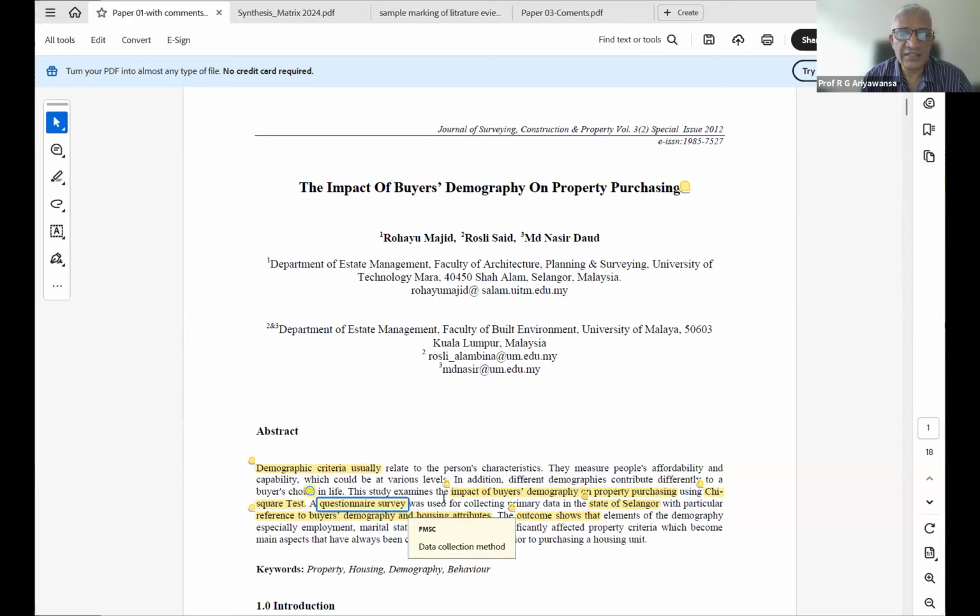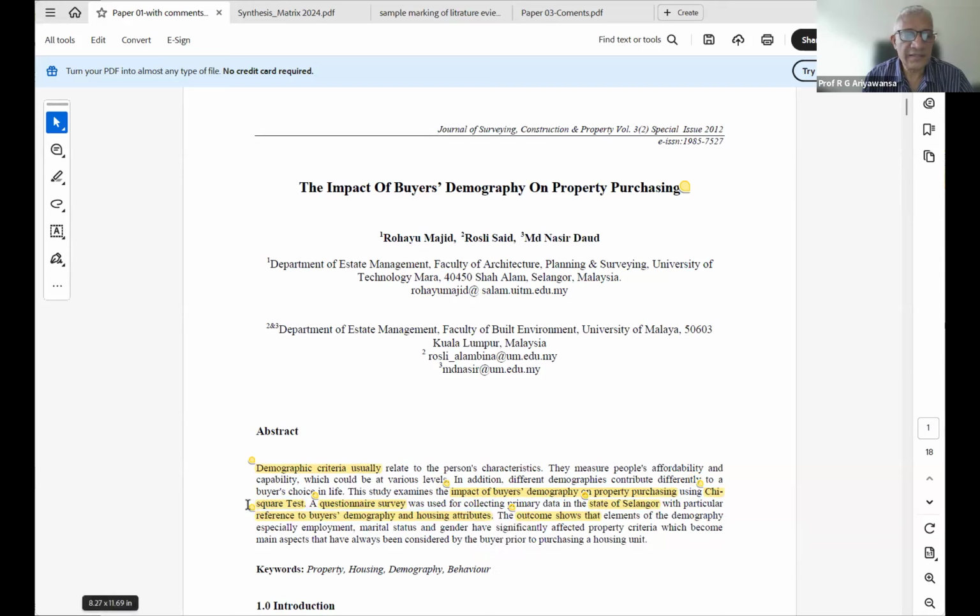Now, the study is going to measure the impact. So having given that background, they are pointing out their problem. What does the chi-square test mean? It is the methodology, the data analysis method. They have analyzed data using this tool, right?